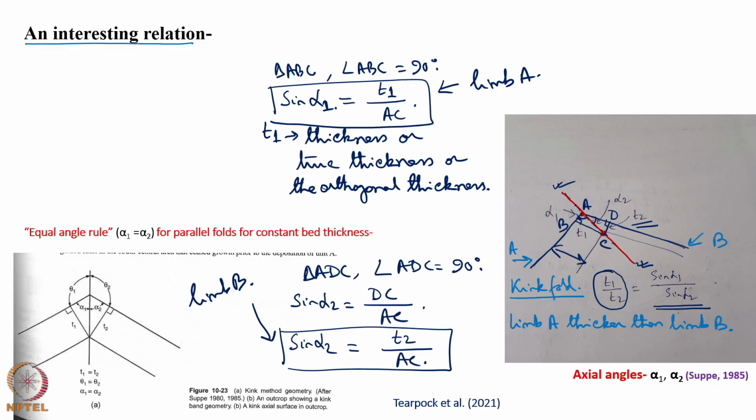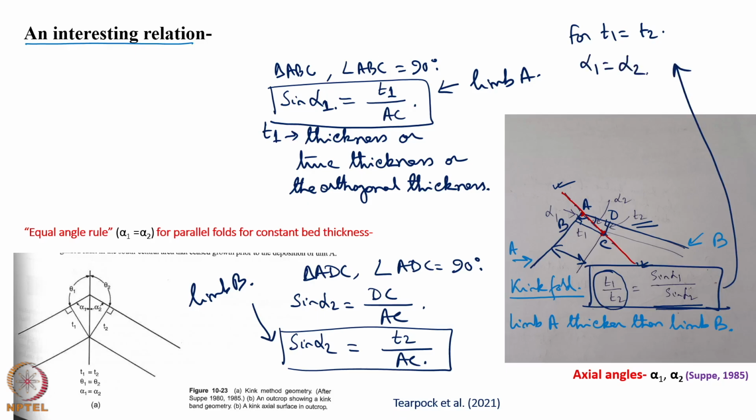When T1 is equal to T2, from this relation we can say alpha 1 equals alpha 2. That means when the axial trace bisects the angle and it is a kink fold, in that case the orthogonal thicknesses T1 and T2 are the same.